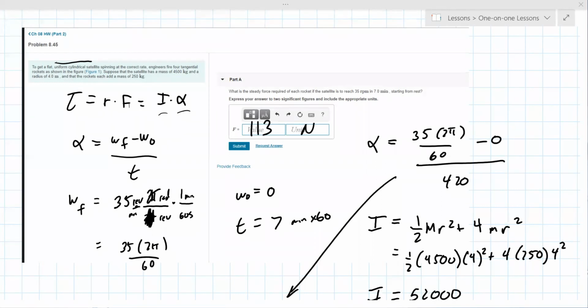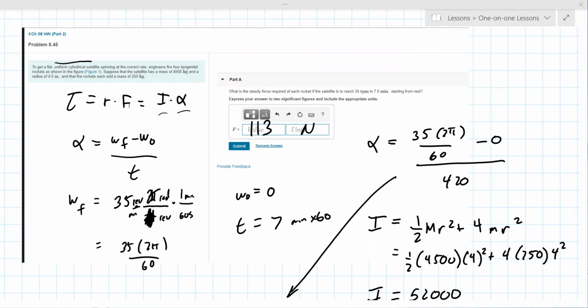That one's not very useful. We just looked at that. 2 pi over 60. Net torque for F equals, they do 1/2 mr squared plus 4 times mr squared.